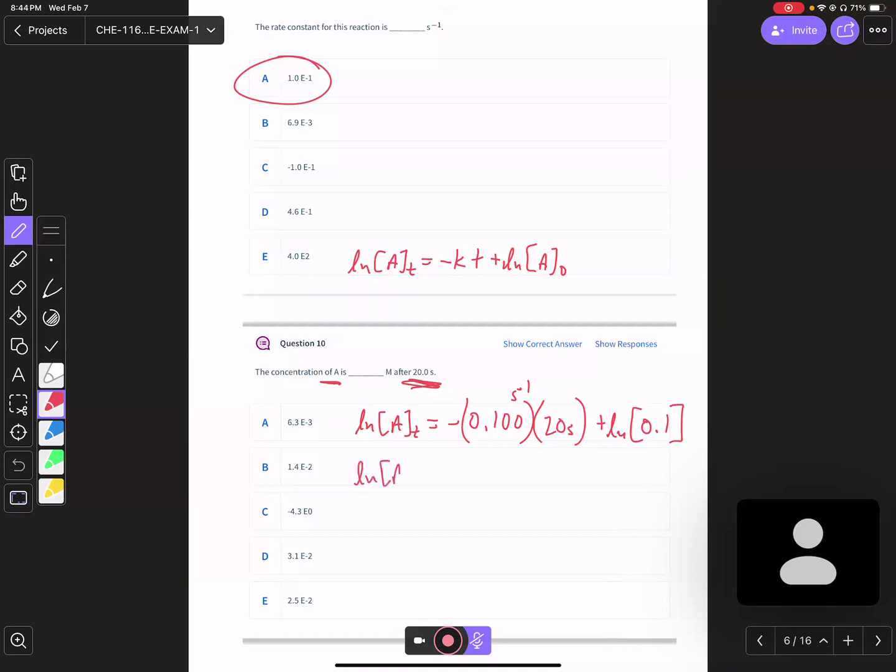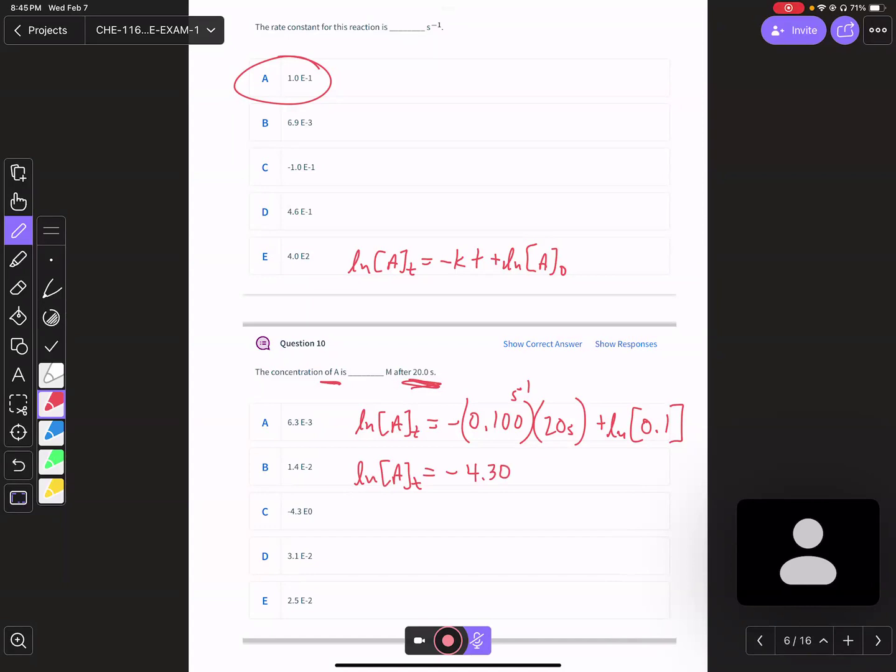So do a little bit of math here. We already did the natural log of 0.1, and we're going to add that to negative 0.1 times 20. And so I get the natural log of concentration at time t equals negative 4.30.